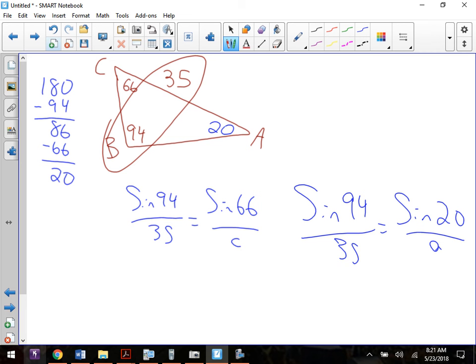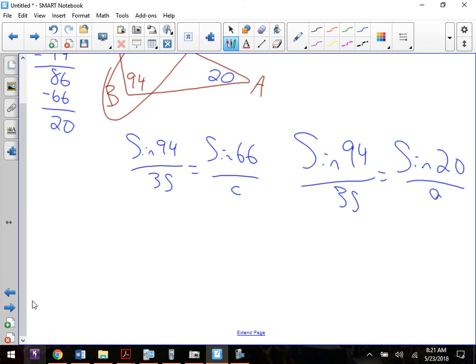And when we did this stuff, it was just a lot of cross multiplying and solving. It wasn't really all that difficult. It was just a matter of setting it up. So when I do this one, I would get little c would be equal to 35 sine of 66 over sine of 94. And then little a mirrors the exact same set.